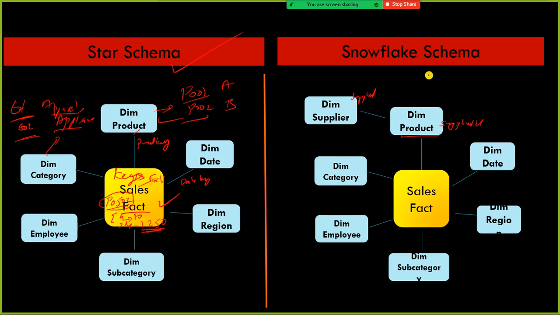For example, your product key is P001, the product name is product A, and the supplier name is Jensen Associates. Then another product, P002, product B, is also supplied by Jensen Associates.